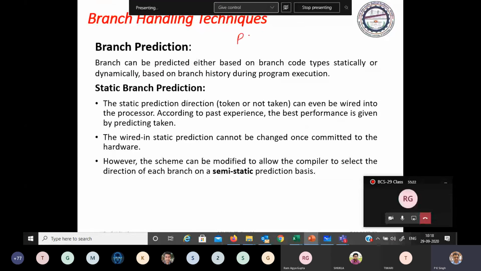One is the prefetch buffer, another is the branch target buffer, and the third one is the loop buffer. How we feed these, we have discussed through static branch prediction. We have a static branch prediction technique.